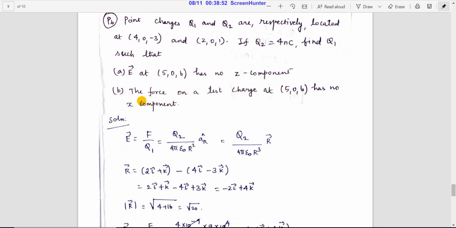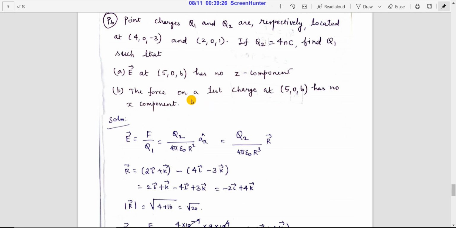Then you have to find out what is the force on that test charge due to this Q2 charge at (5, 0, 6). That is, you have to assume the test charge is located at (5, 0, 6). So due to this Q2 charge, what is the force on the test charge at (5, 0, 6), and you have to make the X-axis component 0. So from that you have to find out what is the value of Q1. So this is the procedure that we are going to deal with in this problem.